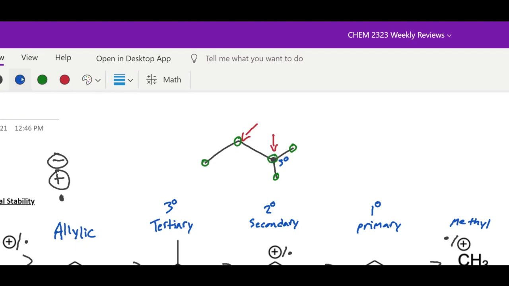Okay, so that's 2, right? So this one is known as secondary. Now let's look at all of these. Okay, so all of those are solely bonded to one carbon, right? So all of them are considered to be primary.